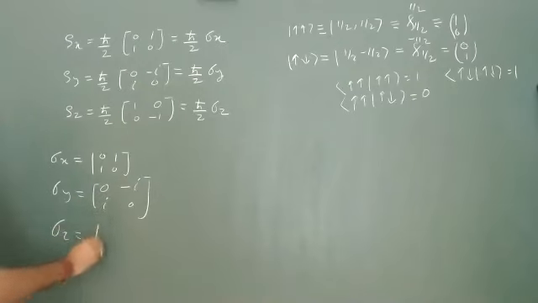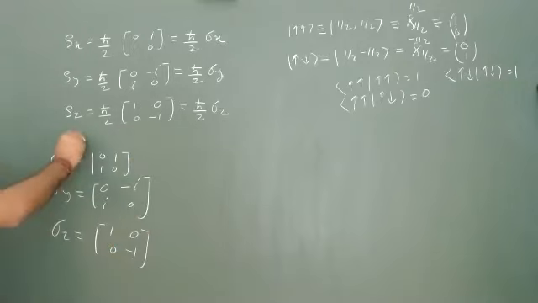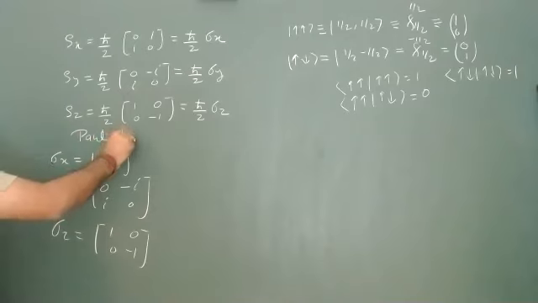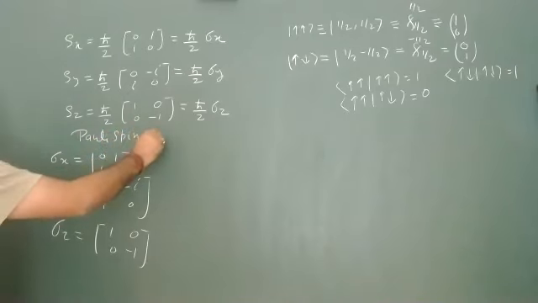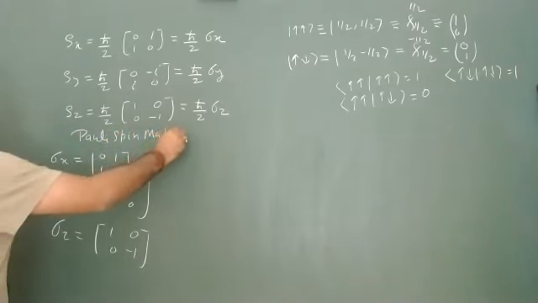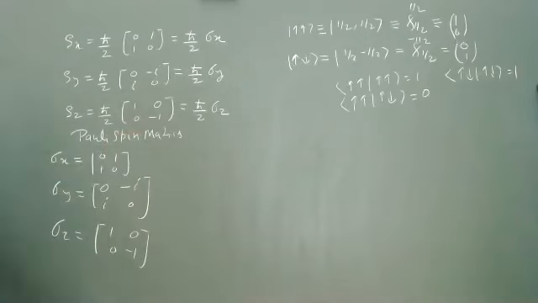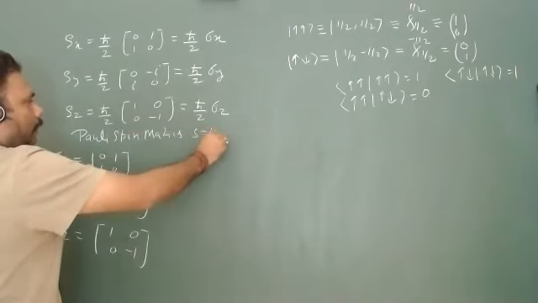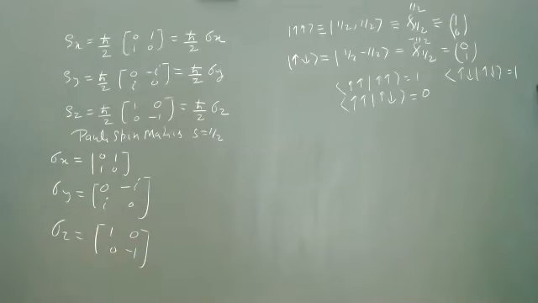Sigma z is equal to (1 0; 0 -1). These three are known as Pauli spin matrices. These are the Pauli spin matrices for a spin half particle.